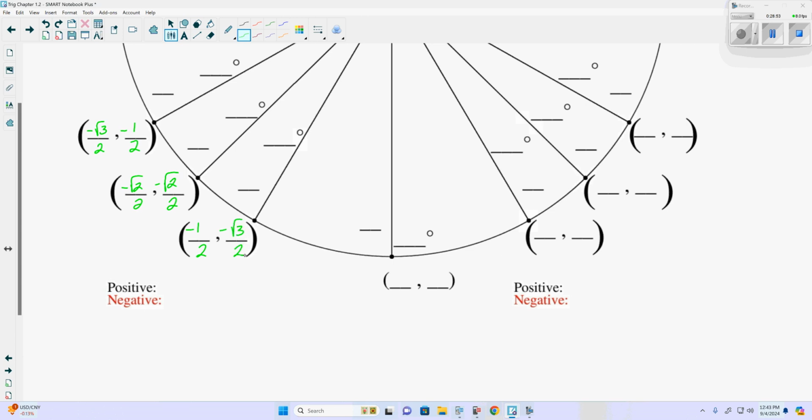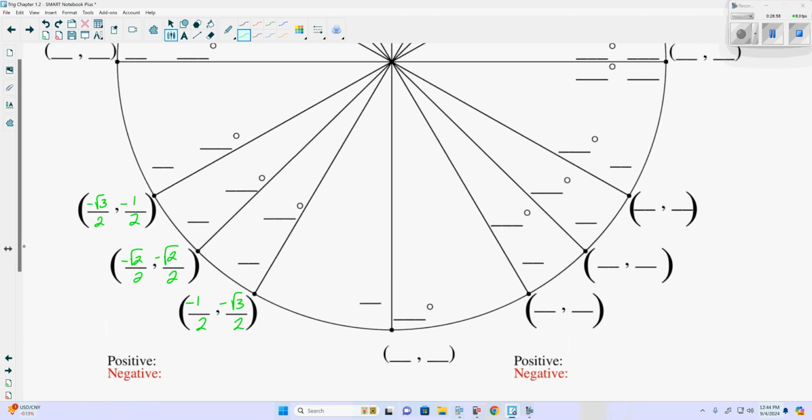So again, it's very similar to what we just had. It's just now that this is our reference angle of 30, because for 210, we're going from 180 to 210, which is 30. 180 to 225 is our 45. And 180 to 240 is our 60.